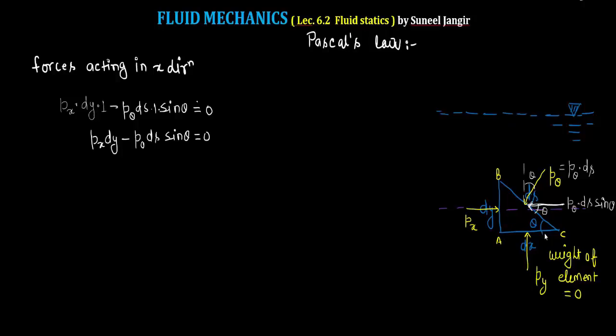Now look at this triangle ABC. I'm making the triangle ABC here. This is a right triangle. So this is A, this is B, this is C, and this angle is theta. This is ds, this is dx, and this is dy.